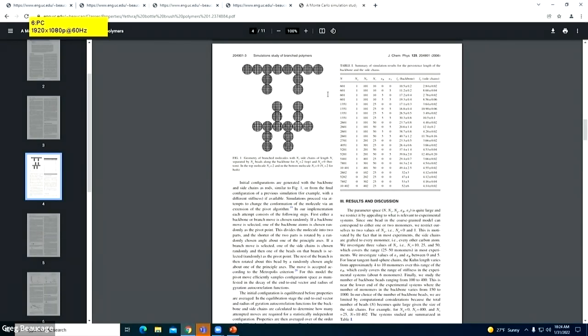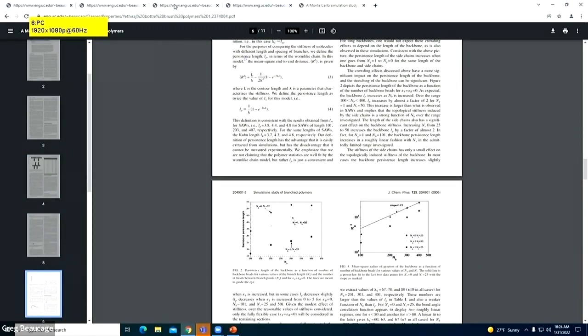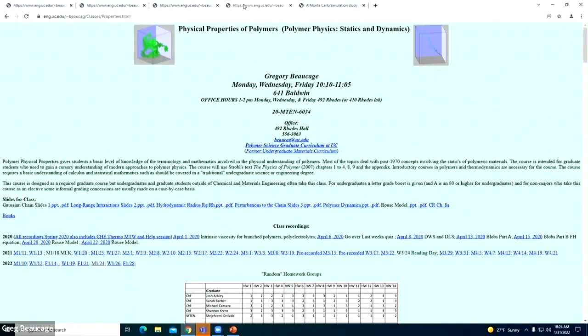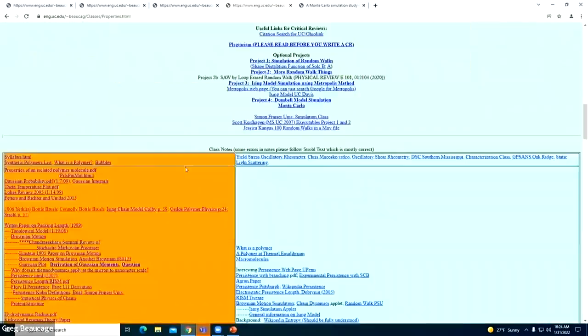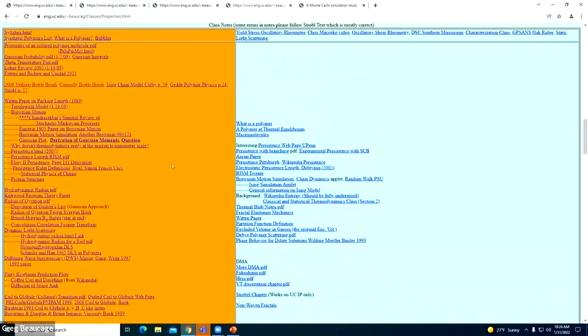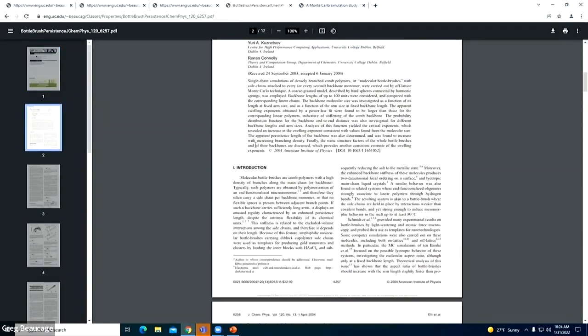Anyway, there's these two groups doing the same thing. They're a couple of years apart, right? That's one guy. This other guy is 2004. The other one's 2006.